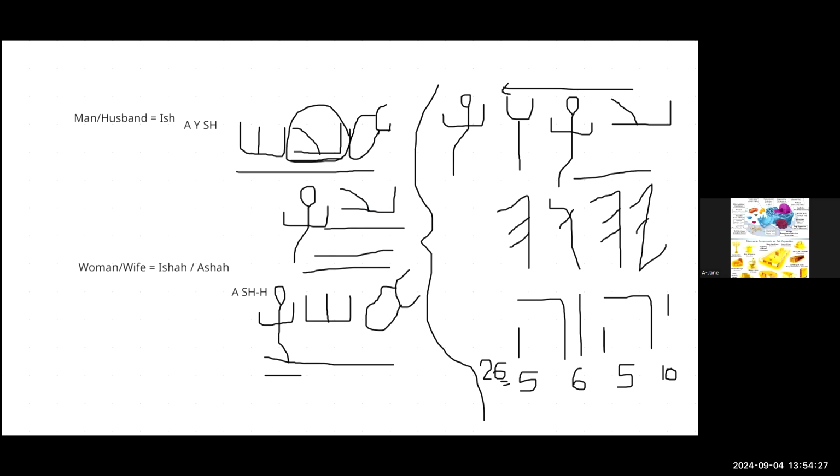Let's say the ones that are circled were taken out, and then we have these two letters left. Aleph Shin, and we have Aleph here, where I'm underlining, praying you can see it. And we have Shin here.